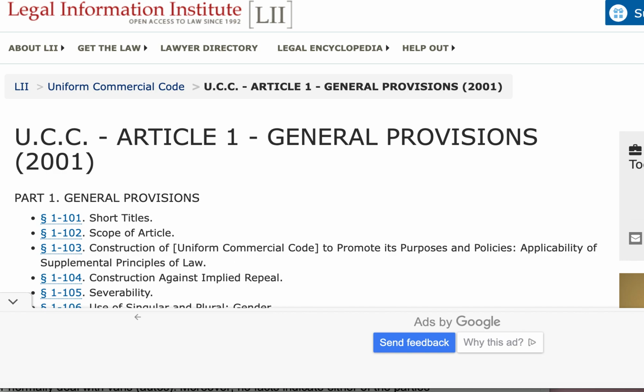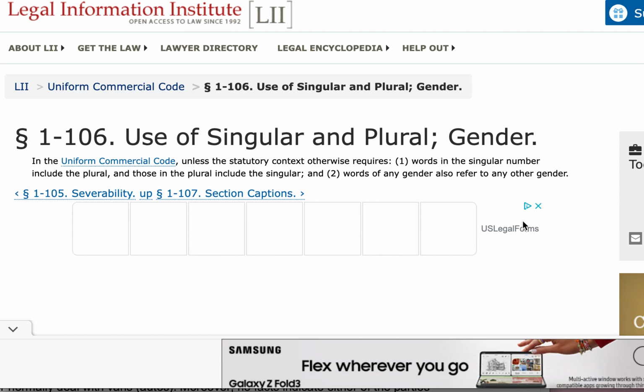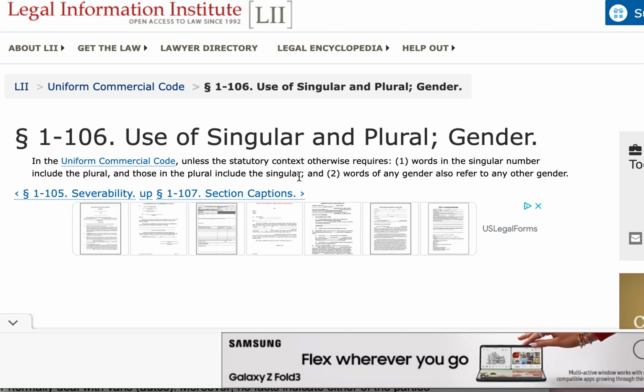Okay, so basically they talk about the purpose, the policy, and the applicability of the law. So it's commercial. Think about commercial law. They have sections in here on the use of singular, plural, and gender. For example, they're saying, unless in statutory context, words in the singular number include the plural, and those in the plural include the singular, and any gender also refers to any other gender.